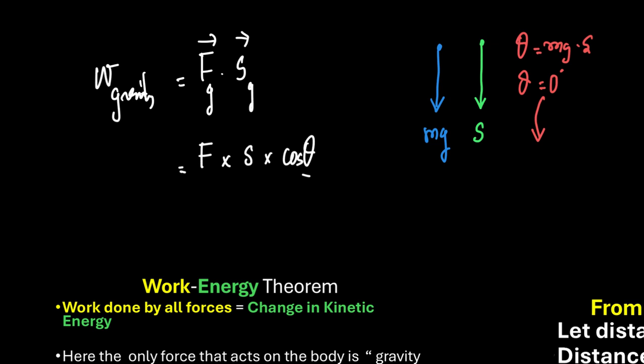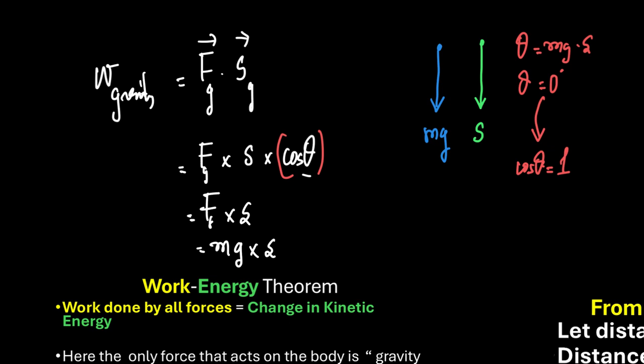And when theta is 0 degrees, what is the value of cos theta? It is cos 0, that is 1. Therefore, the work done by gravity is Fg into S. What is Fg? The force of gravity, which is mass into acceleration due to gravity. This is mg into S.